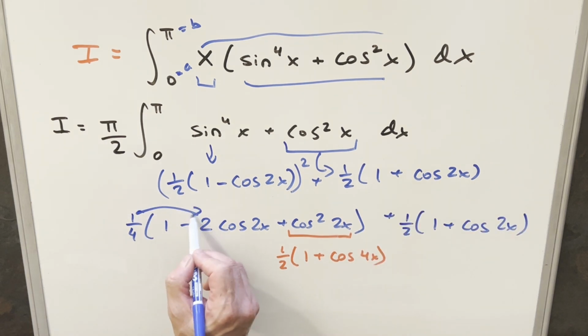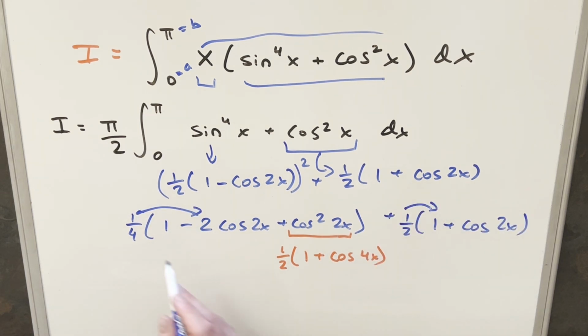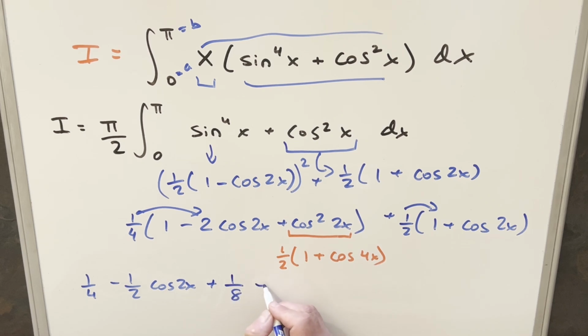But now let me just distribute everything in and try to clean it up. So distributing into 1/4, it's going to be 1/4. 1/4 times a 2, we're going to be minus 1/2 cosine 2x. 1/4 times 1/2 here is going to be 1/8. Then distribute the 1/8. Then we're going to have plus 1/8 and then plus 1/8 cosine 4x.